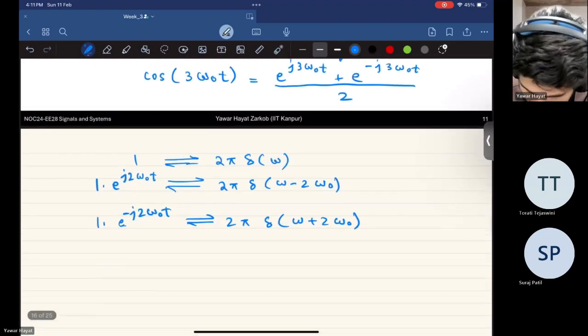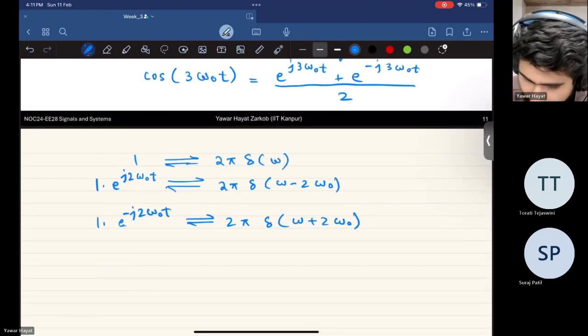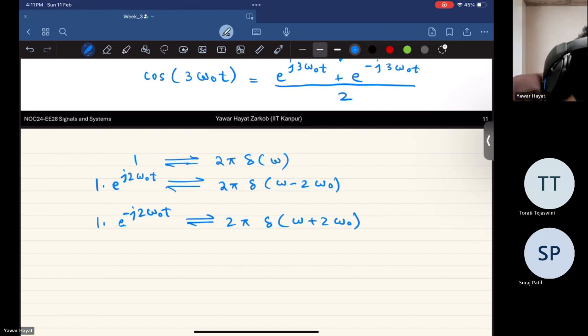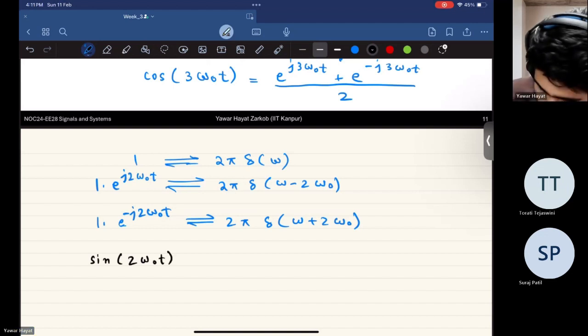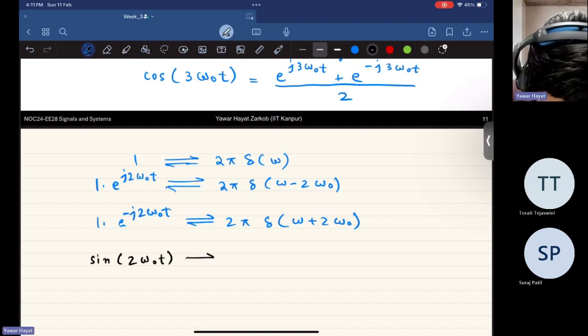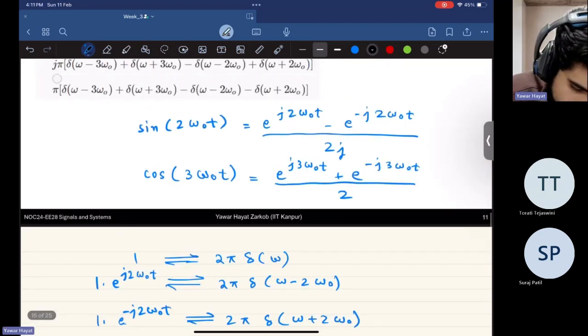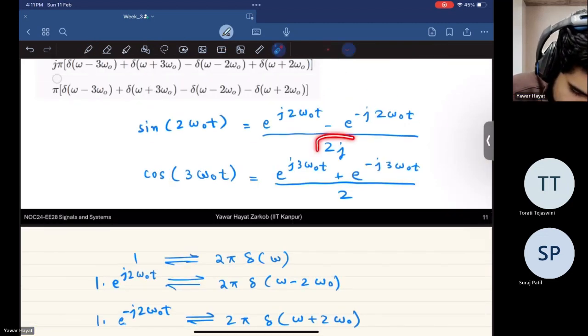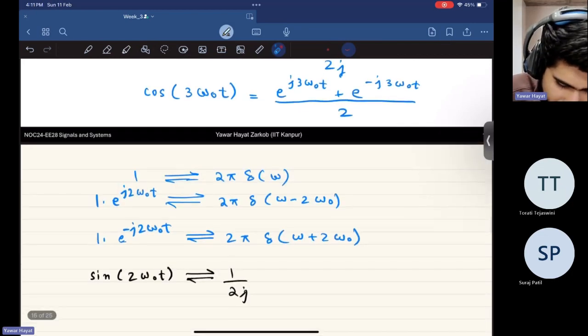Now, for this sine of 2 omega naught t, I'll have this factor 1 by 2j. Which 1 by 2j factor? This one, right? This one would be out.